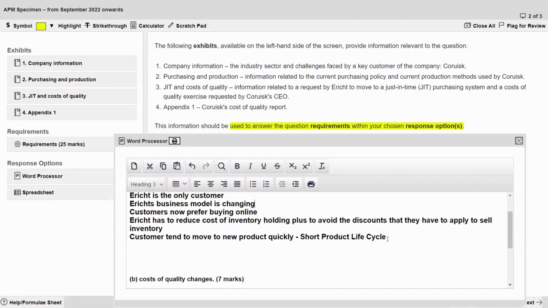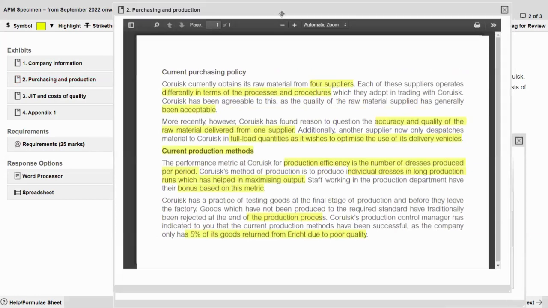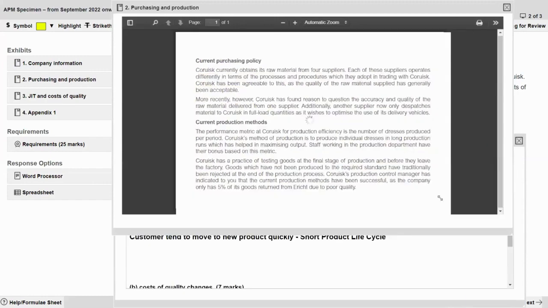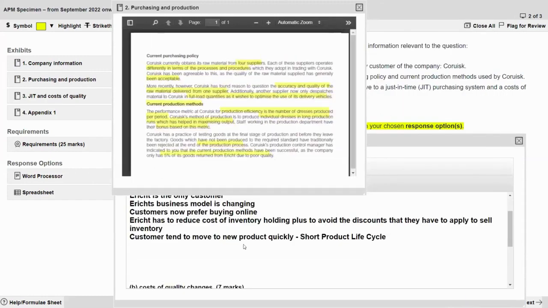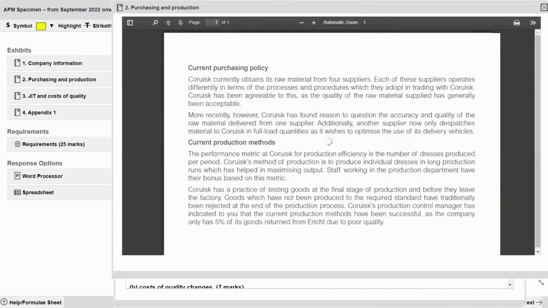Now, if I move a bit forward in this scenario, there's purchasing and production. They obtain the goods from the 4 suppliers. Whom do you obtain the goods from? You obtain the goods from the 4 suppliers.